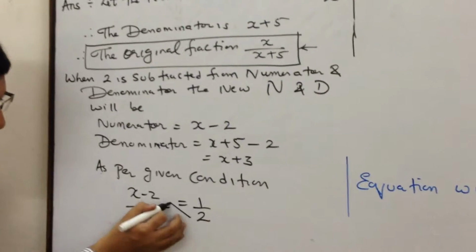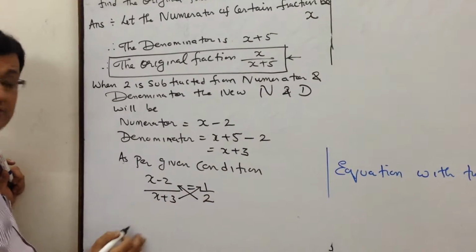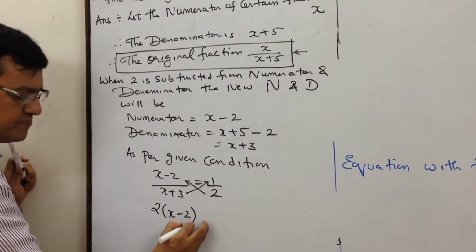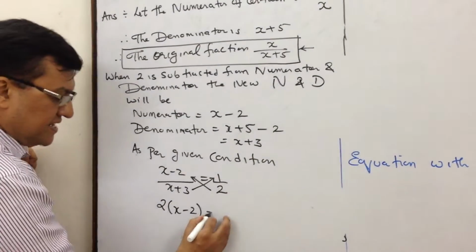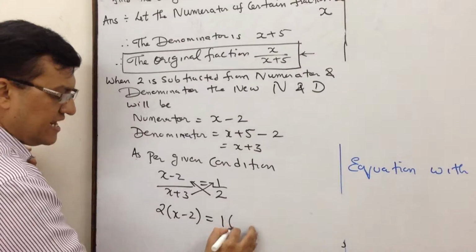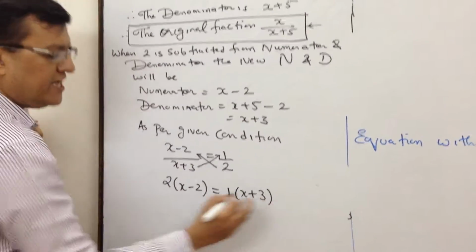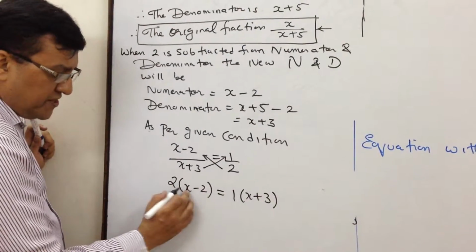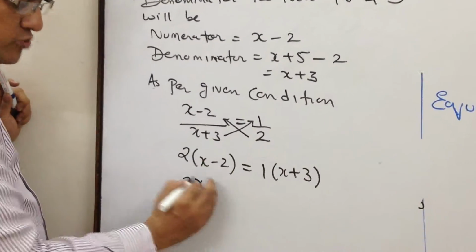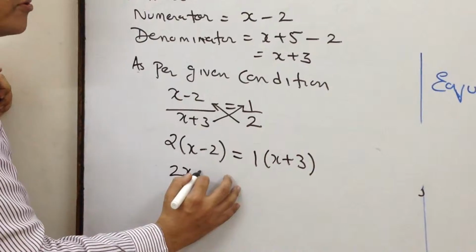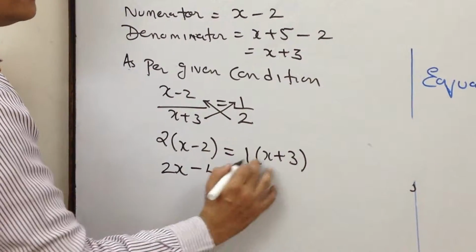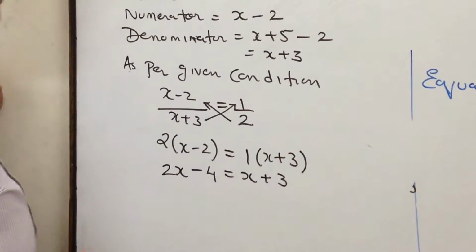Now we go for cross multiplication. 2 goes over here, so 2 into x minus 2 is equal to 1 into x plus 3. Open the bracket. 2 into x, 2x. 2 into minus 2, minus 4, is equal to 1 into x is x. 1 into 3 is plus 3.